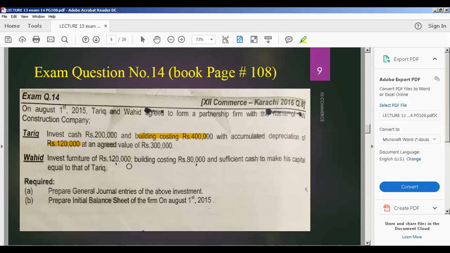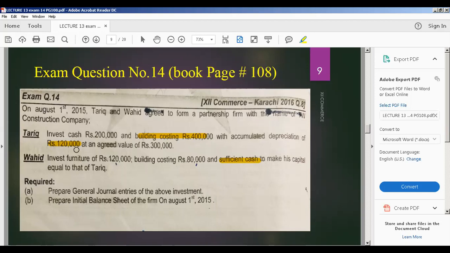Mr. Wahid invests furniture 120,000, building costing 80,000 and sufficient cash to make his capital equal to that of Tariq. It means again the sufficient cash formula we have to apply here: the total capital of the partner minus the given assets. Required, prepare journal entries of the above investment.